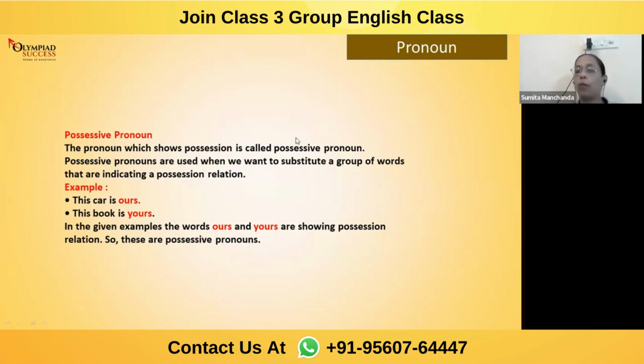So whenever we talk about any belonging in a sentence, that particular word is taken to be a possessive pronoun word. Words like ours, yours are possessive pronoun words. In the given examples, the words ours and yours are showing possession relation, so these are possessive pronouns.